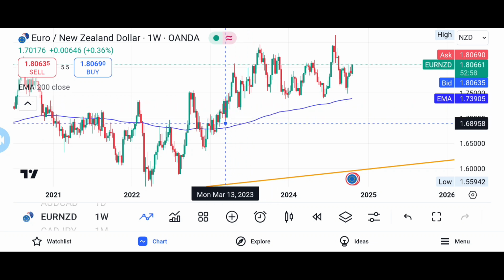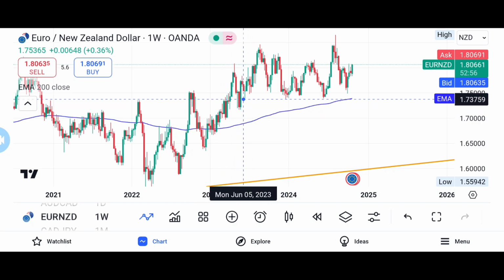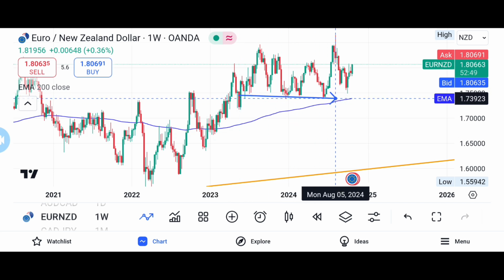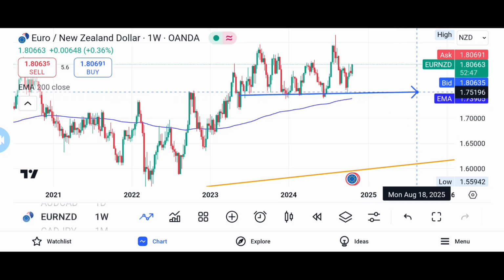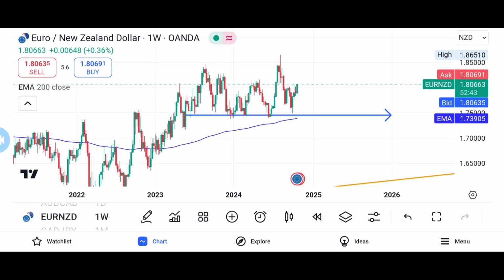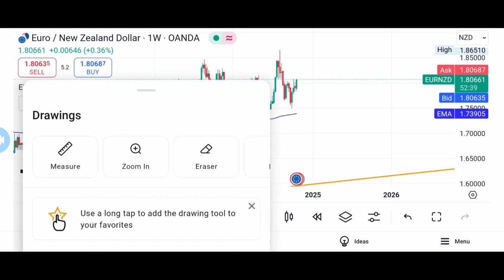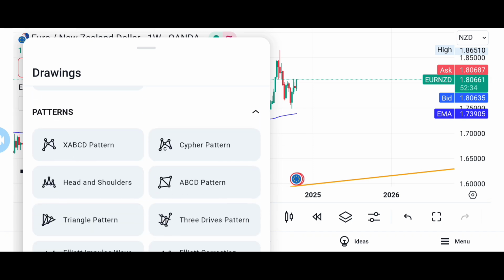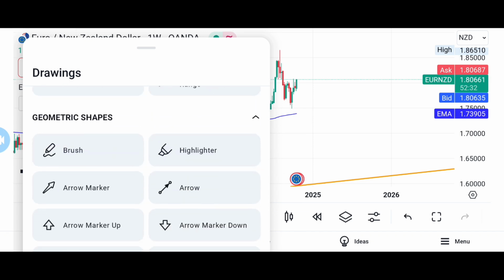So guys, first of all, let us mark the current support. In weekly, that is our current support. And by now, I hope you already understand what I mean when I say support. A support is where the price, when it drops, finds support and moves higher above it.